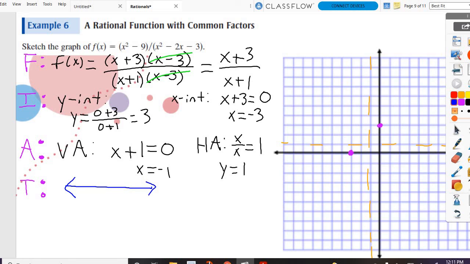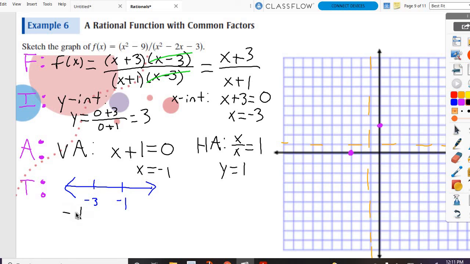So what are my values this time that are on my x-axis? So my point is at -3, and my asymptote is at -1. So then again, we're going to plug stuff in that's in each of those.